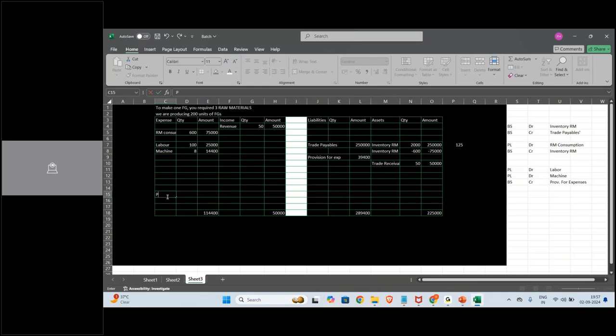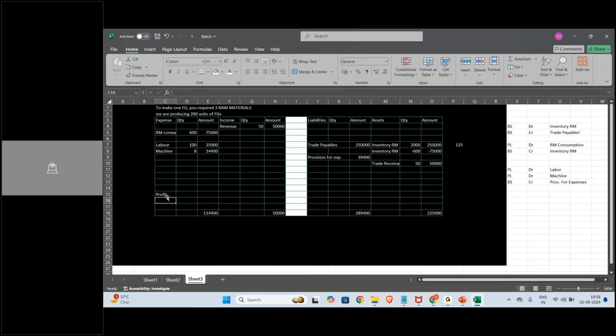I've made profit. How? One of you is from the CA background, right? I know you can answer this. I would appreciate Harish and Anvesh answering this question.